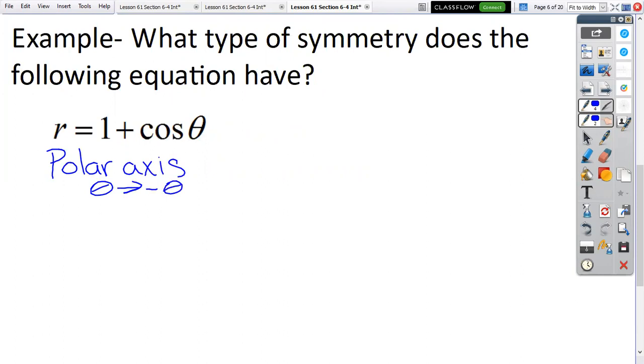Remember the polar axis, I'm calling it that because we're in polar, but that's just the x-axis. All right, I replace it. I have r equals 1 plus cosine of negative theta. And I need to see what happens.